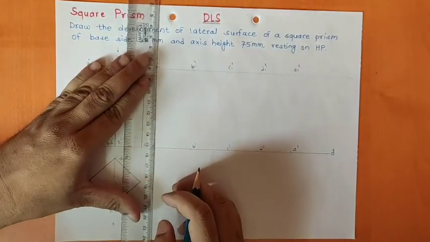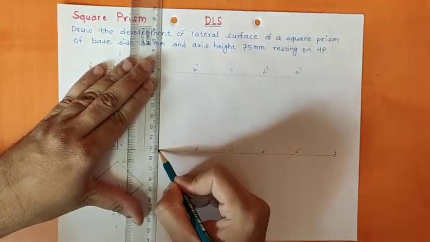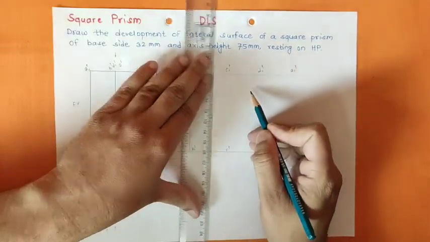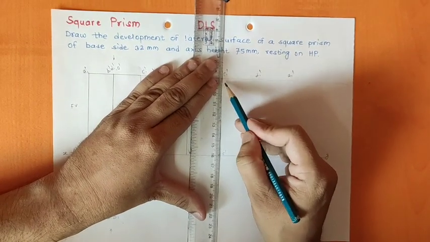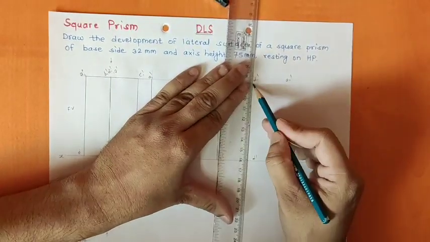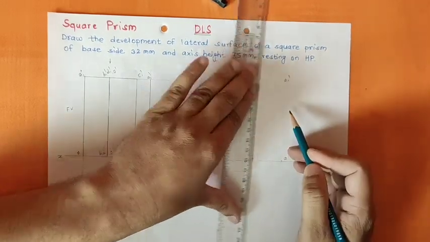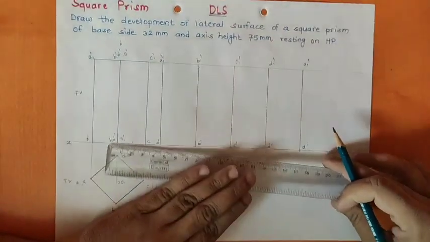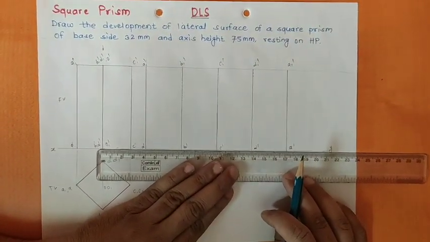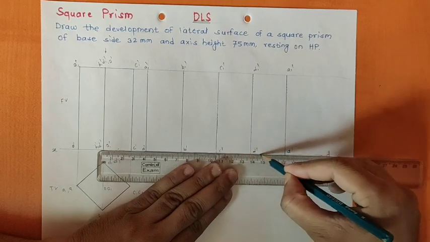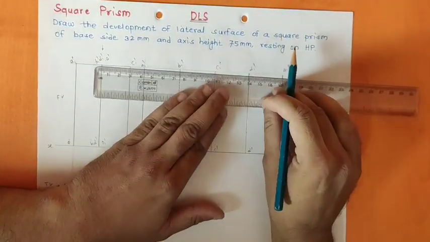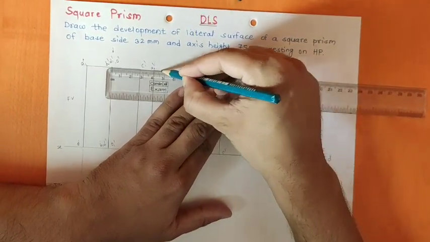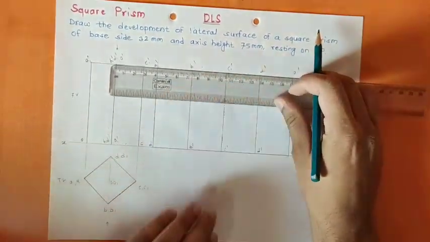So now we'll draw the lateral edges A dash A1 dash, B dash B1 dash, C dash C1 dash, D dash D1 dash, A dash A1 dash, and then the last edge, and this edge.